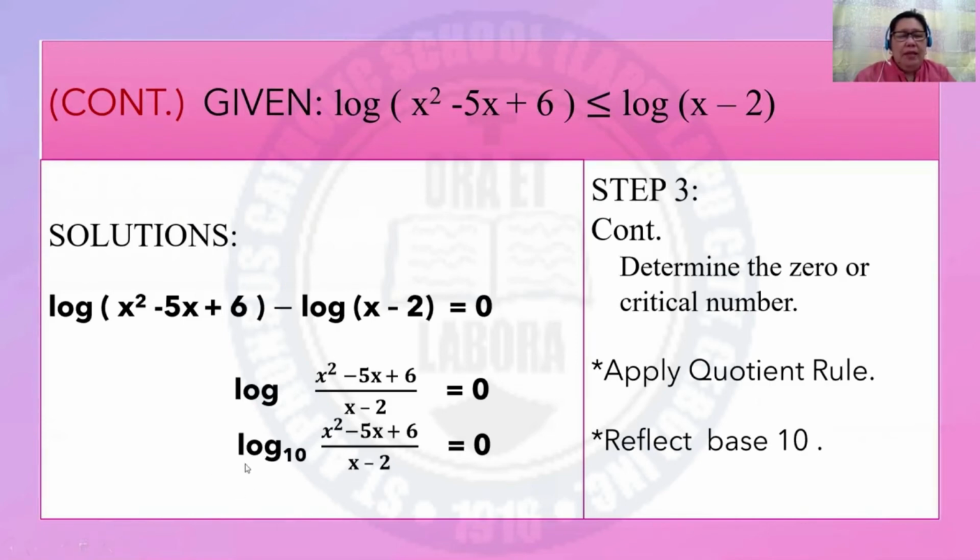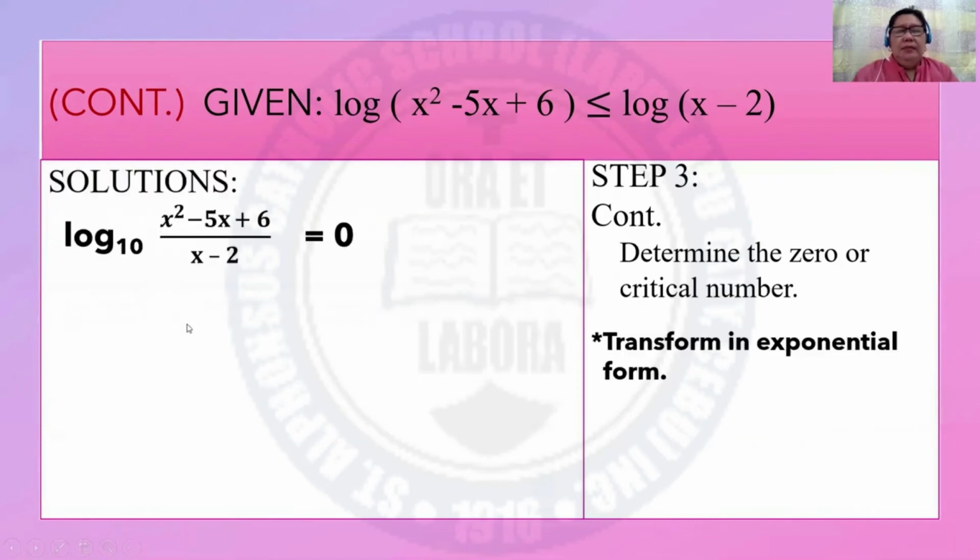So what we have is the logarithm of x squared minus 5x plus 6 over x minus 2 to the base 10 equals 0. Then transform this in exponential form. So what we have, 10, because the base is 10, then raised to 0, because the result here is 0, which will serve as the exponent, is equal to this expression.